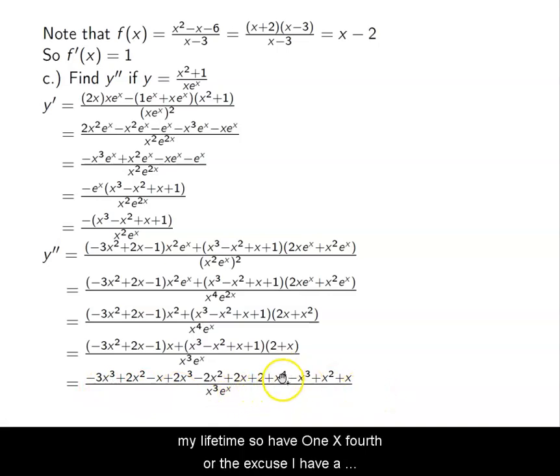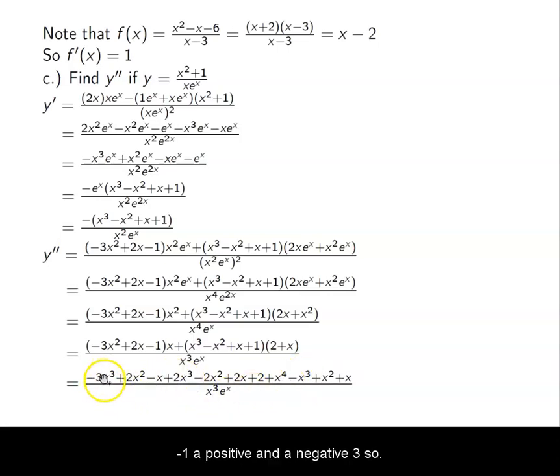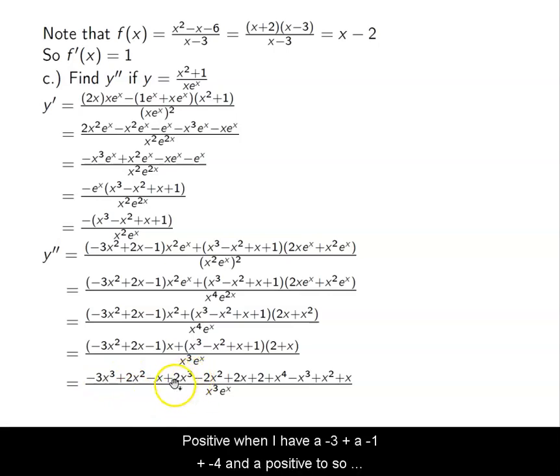Okay, so I have 1x4th. For the x cubes, I have a -1, a +2, and a -3. So those actually cancel out. No, they don't cancel out. They almost cancel. Sorry, this +1.